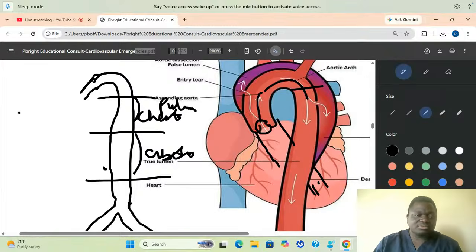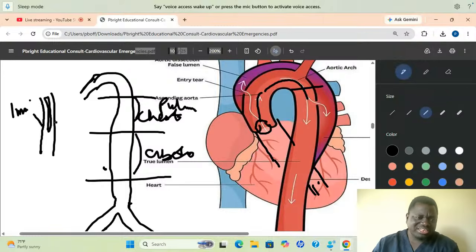But remember, the aorta has layers. Every blood vessel has layers. We have the muscle side, the media, and the inner lining, which we call the intima. The outer lining, we call it the external.